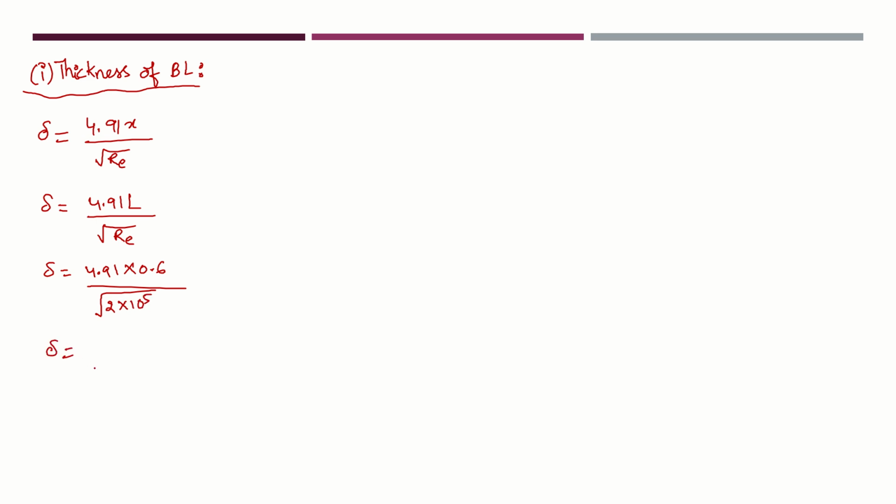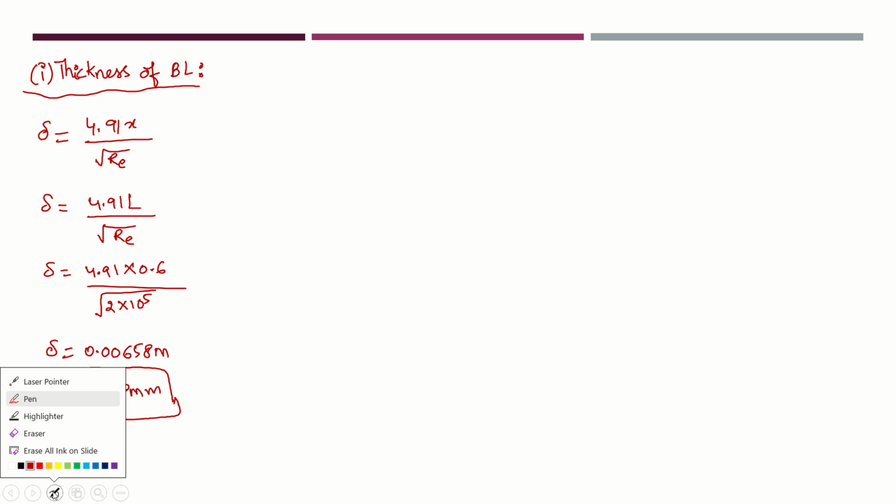So from here our delta comes out to be around 0.00658 meters. We cannot represent a thickness this way, so we will convert it into mm. So this becomes 6.58 mm. This is how we calculate the thickness of the boundary layer. So our first part of the question is done.